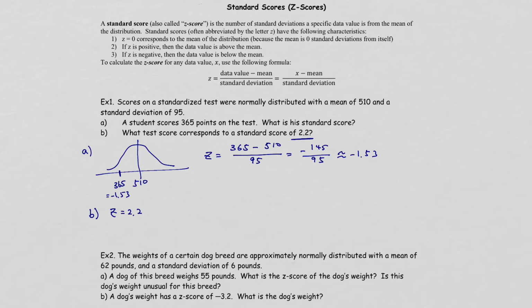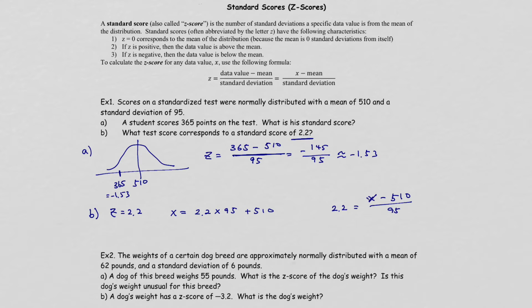So the actual test score is going to be 2.2 times 95 plus 510. So actually you're going backward. Or if you wanted to replace it in this formula, you could say z-score is 2.2, and you are trying to figure out the actual score minus 510 over 95, right? You should be able to do that. Just plug into the formula.